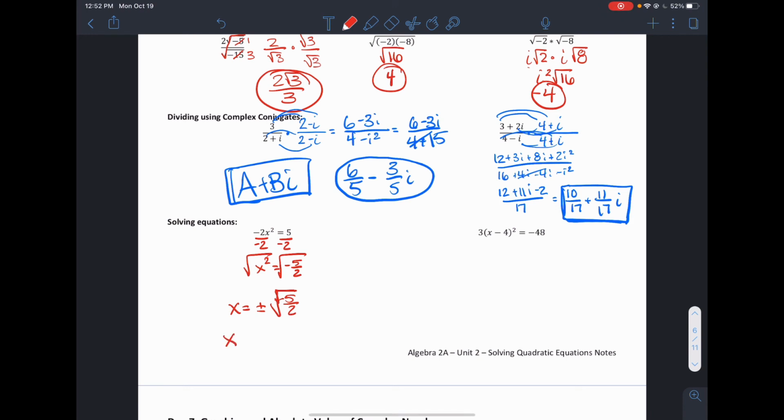So x would equal plus or minus radical 5 over radical 2, and I just took out the i, because the negative doesn't matter if it's in the top or the bottom, right? I'm just going to take out the i to start. And now I just need to rationalize, right? So times radical 2 and radical 2. So x equals plus or minus i radical 10 over 2.